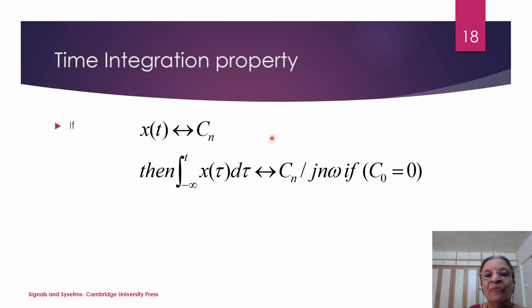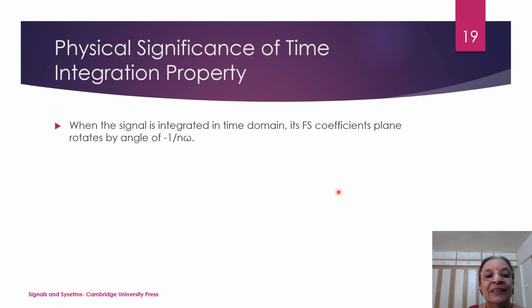In the integration property, if you integrate the signal, then what will happen to the Fourier series coefficients? They will change to the original Fourier series coefficients divided by j n omega. Now in this case, it will also rotate the plane. When the signal is integrated in the time domain, its Fourier series coefficients plane rotates by the negative angle, minus of 1 upon n omega.